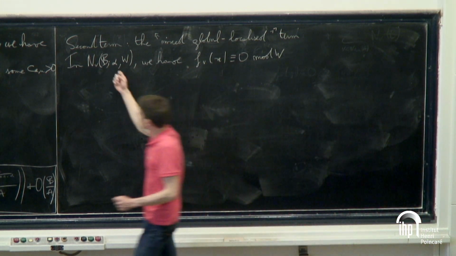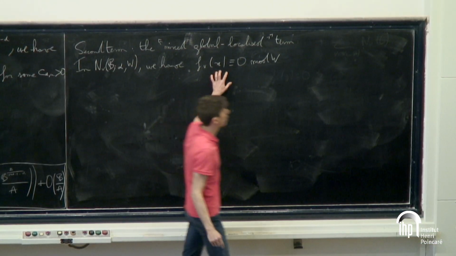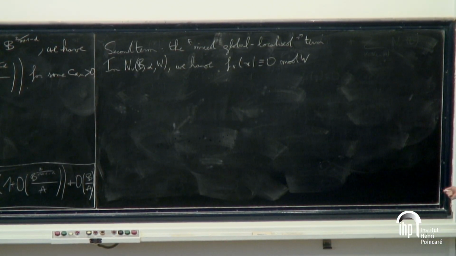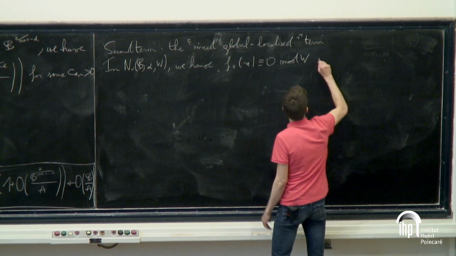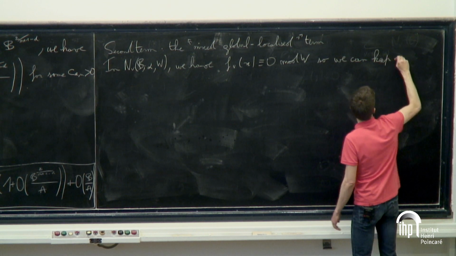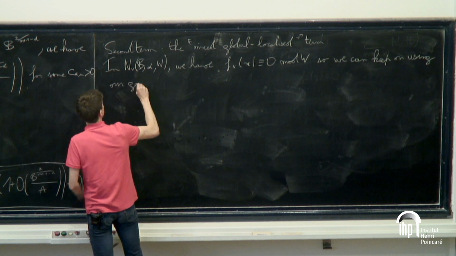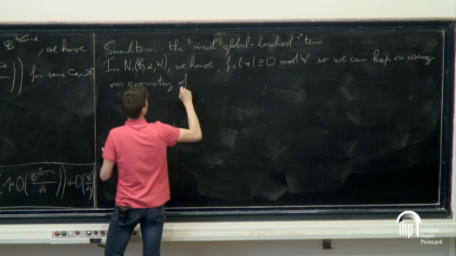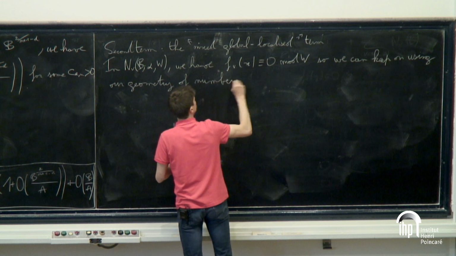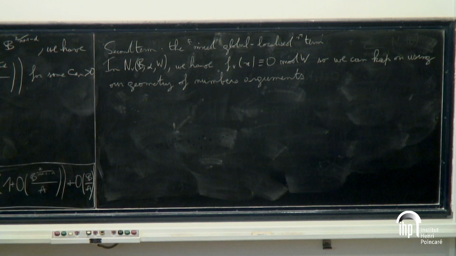That localized counting function is designed in such a way that we can still apply geometry of numbers, because it's still linear in the coefficients. So we can keep on using our geometry of numbers arguments. And I guess that's the whole point of that expression for the localized counting function.